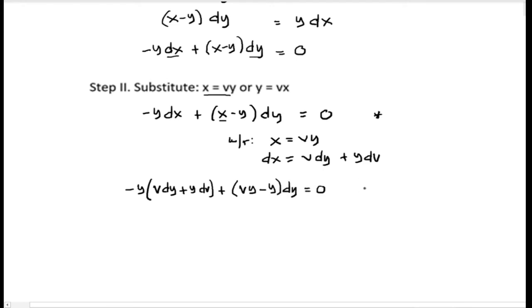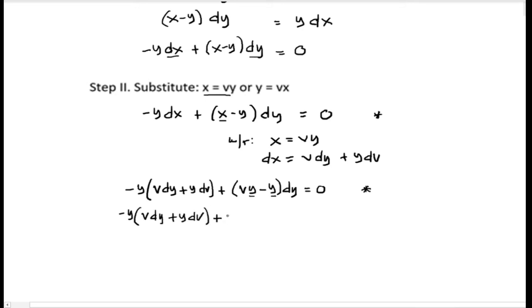As noticed in this line here, the variable y can be cancelled. Specifically, the first term has variable y, and in the second term, y is common. So we are going to factor out y in the second term. In this line, I'm going to copy the first term. We have negative y, v dy plus y dv.